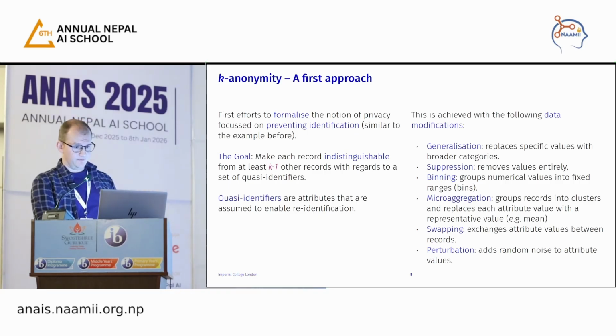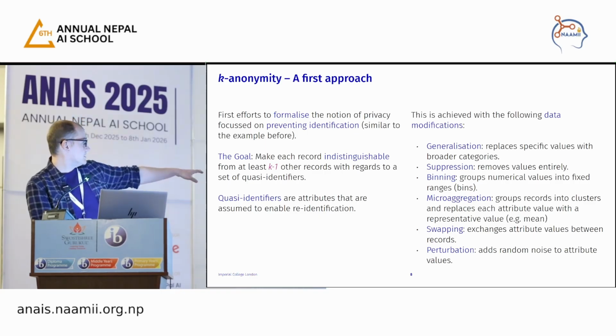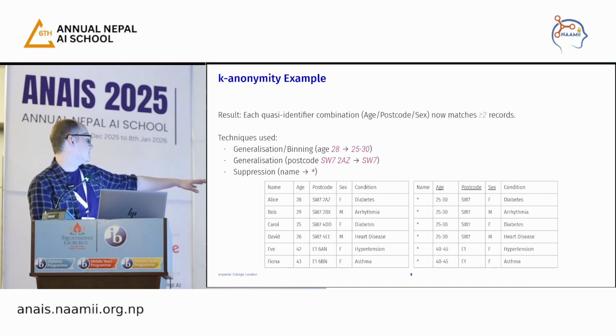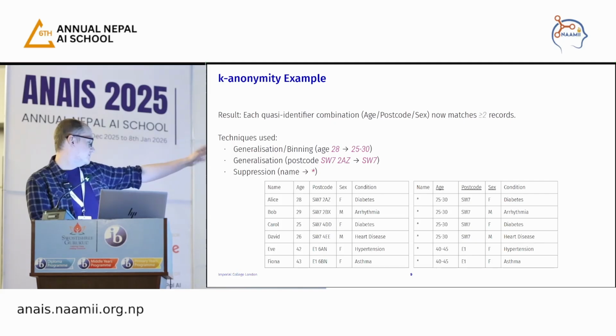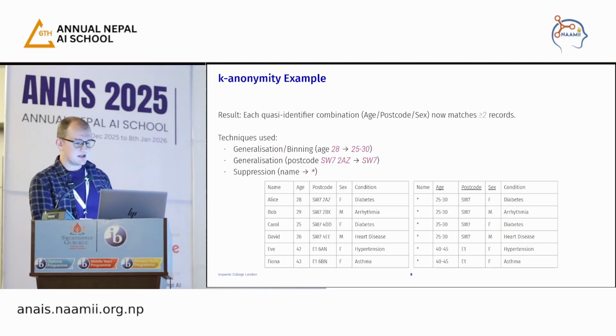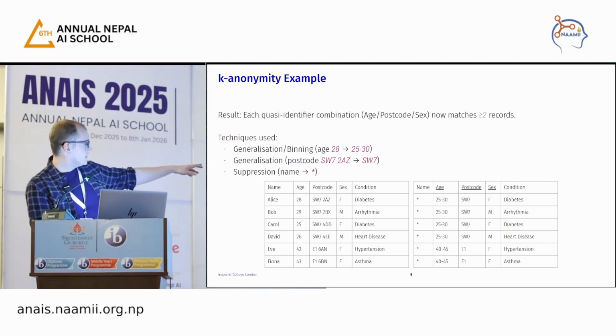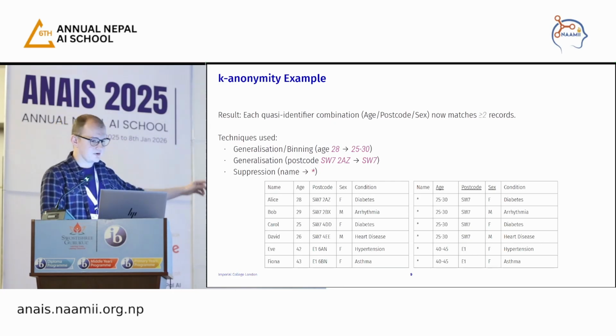So to present an example, we have this data set of Alice, Bob, Carol, David, Eve, and Fiona, which have an age, a postcode, these are UK postcodes, sex, and a condition, right? And this data set is obviously not k-anonymous with respect to the quasi-identifiers age, postcode, and sex, because the postcode alone is already uniquely identifying, right?